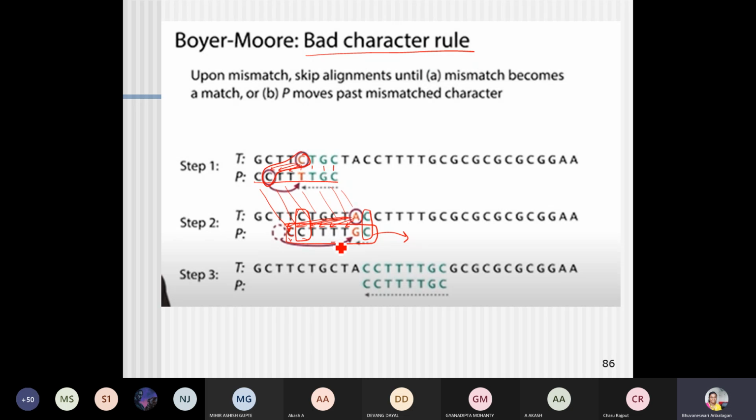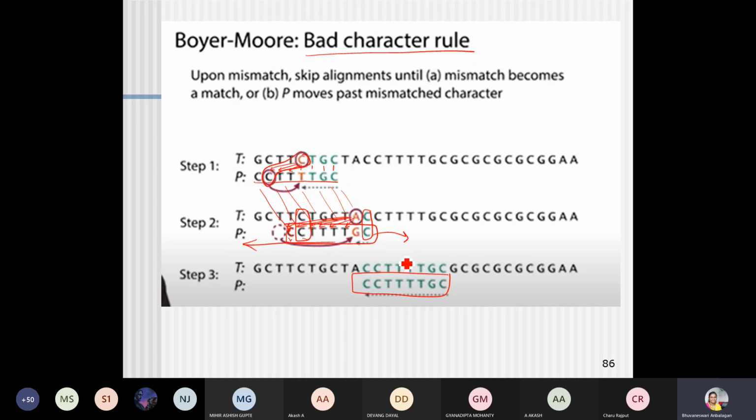There is no hope on this side. In this particular side, there is no A. So there is no use of searching in this direction, and I have to shift the entire pattern towards the right and look for the pattern. This is the concept of the bad character heuristic.